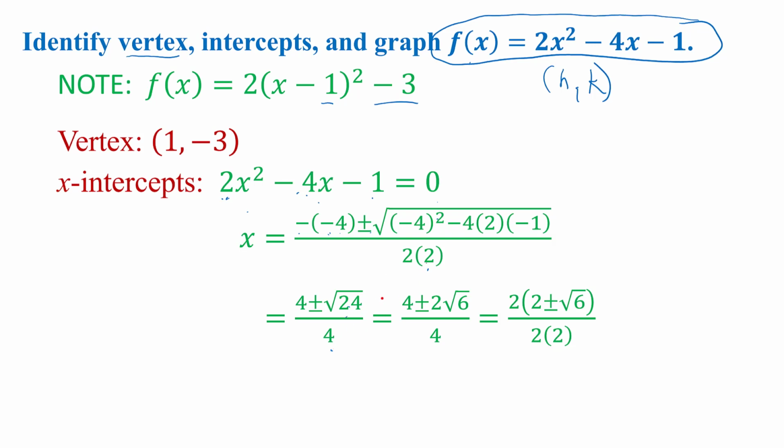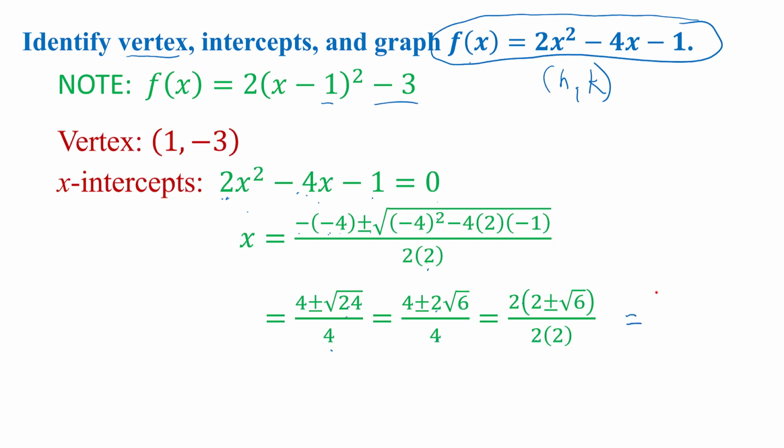We can think of the square root of 24 as the square root of 4 times 6 and pull out a 2 here. So now let's rewrite this as 4 plus or minus 2 square root of 6 over 4. And then if I factor a 2 out in the numerator and denominator, I can see that finally I'm going to have two different x-intercepts.